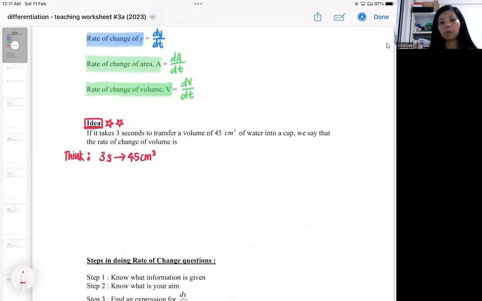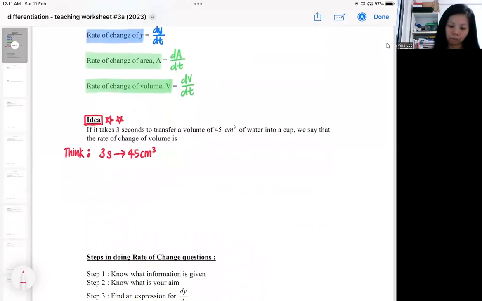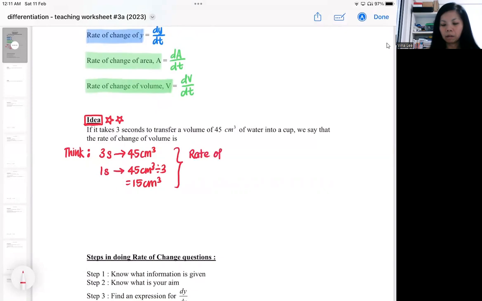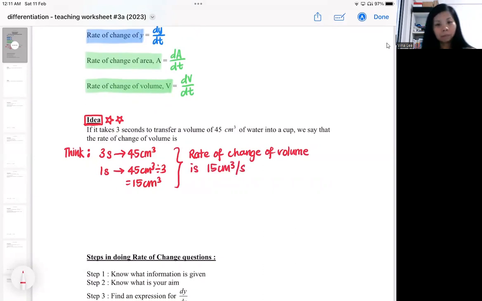So think like primary school: 3 seconds to transfer 45 cubic centimeters, so in 1 second, you will be able to transfer 15 cubic centimeters. We translate this thinking to the standard phrasing: the rate of change of volume is 15 cubic centimeters per second.